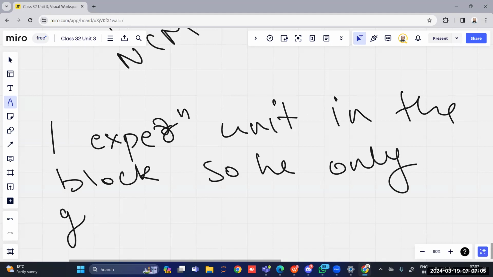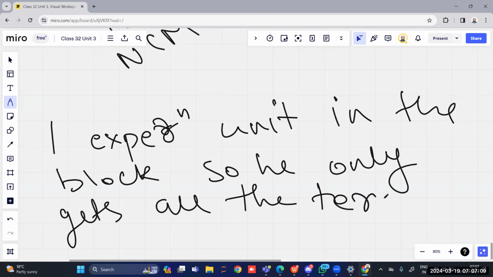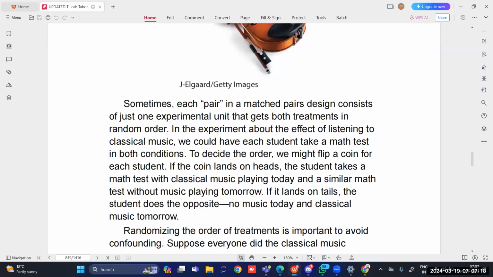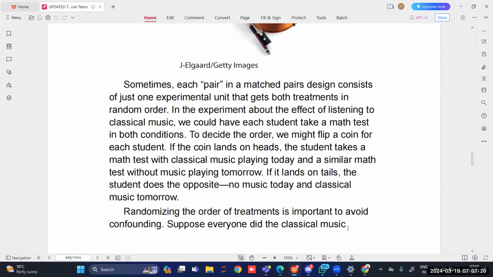Suppose there are three treatments, he will get all of them at random. Which treatment he gets first and which second depends upon the random process.